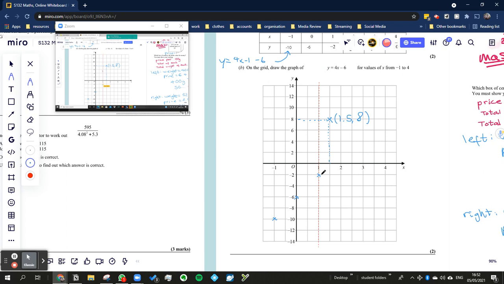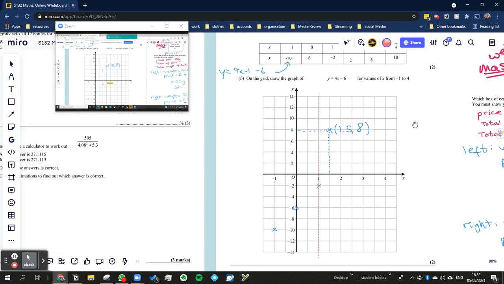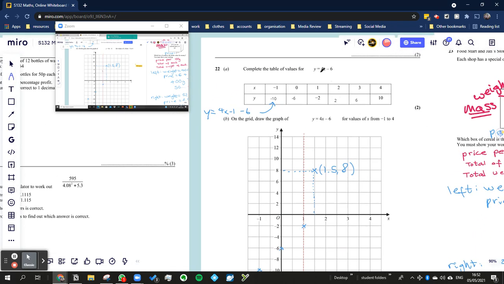Now, when you learn a little bit more about these graphs, you will expect this to be a straight line, because this is a kind of graph equation of a straight line. y is equal to mx plus c, and the m is this number here, the 4, and the c is that number -6, so plus -6 or take away 6.